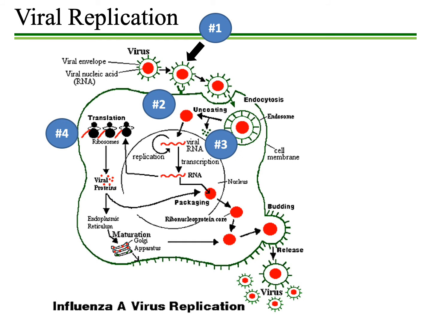Once those viral genes are transcribed, the host ribosomes are utilized in the translation process to synthesize viral proteins. Once those viral proteins have been synthesized, the next stage in this process is to produce new viral particles, basically package all of the genetic material in with the proteins that have been synthesized. And then lastly, there needs to be release of the virus. These new viral particles can go and infect new cells.